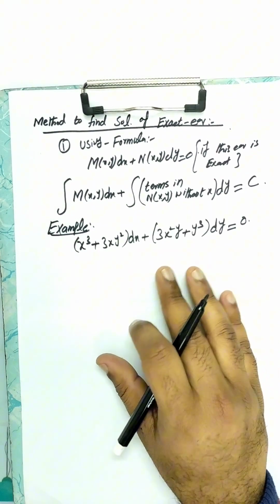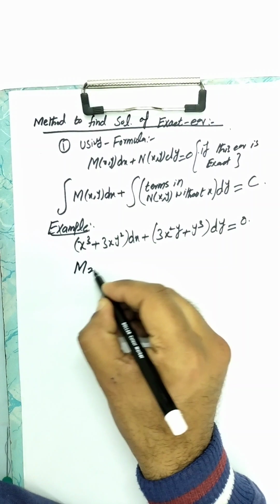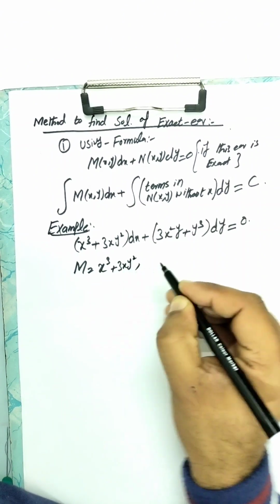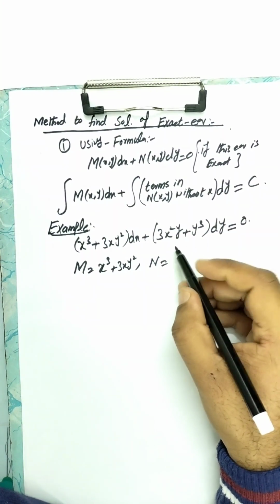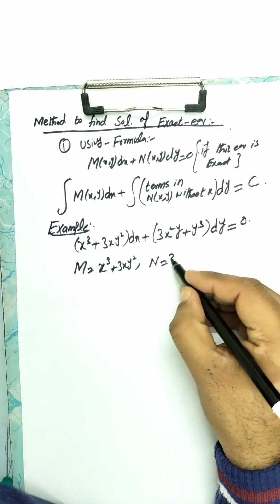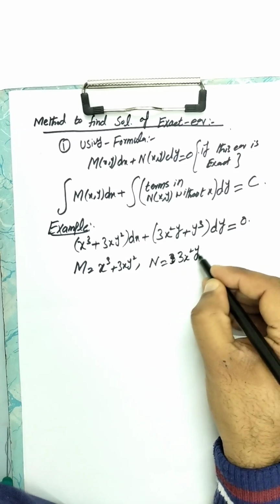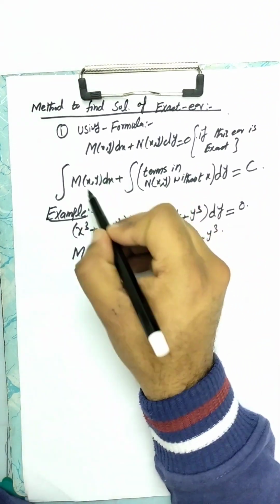So we already know that this is the exact differential equation, and M is equal to x cube plus 3xy square, and N is equal to 3x square y plus y cube. So we use the formula here.